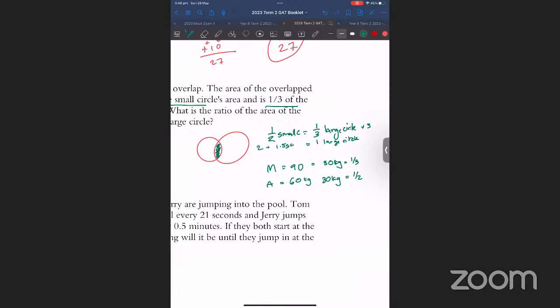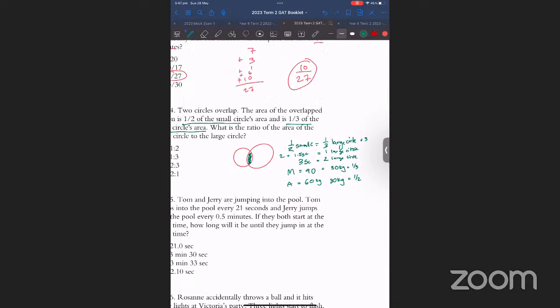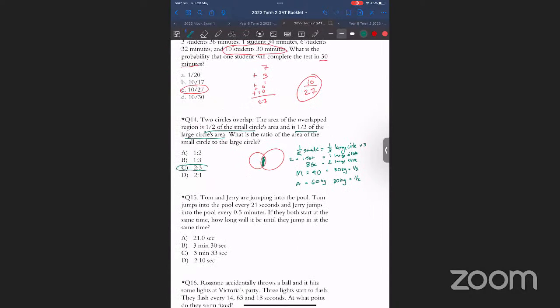So 2 times 1.5 is 3 small circles, and 2 times 1 is 2 large circles. So basically what we found out was that the ratio between the 2 of them is 2 to 3. So the area of 3 small circles will be the same as 2 large circles. Okay?